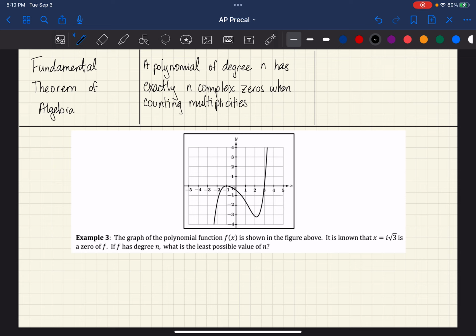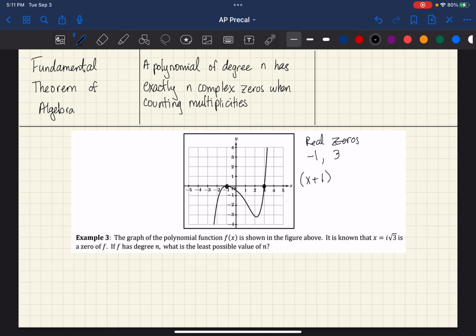So first I want to look at my graph, right? I'm going to identify all my real zeros. So I'm going to write over here real zeros. Well, I have one at negative 1, and I have another one at 3, right? Now, if I were to write these out as factors, I can say them as x plus 1.